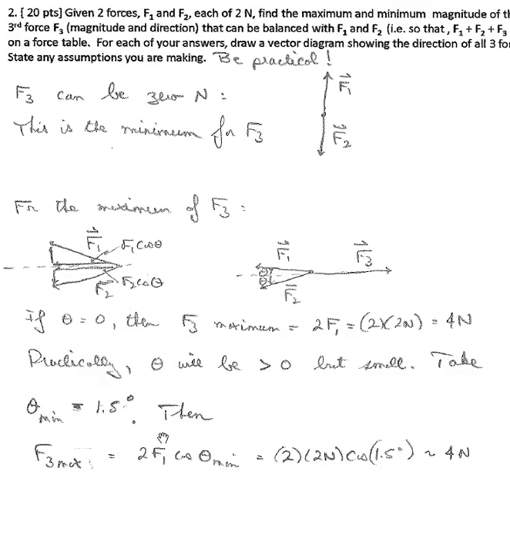Either one is 2 newtons, times the cosine of theta min. And so the F1 times the cosine of theta min would be the x component of either one of these two other balancing vectors. And so if you put 1.5 degrees in for the angle, it's pretty nearly 4 newtons. It's something like 3.99. So I'm going to say that's 4.